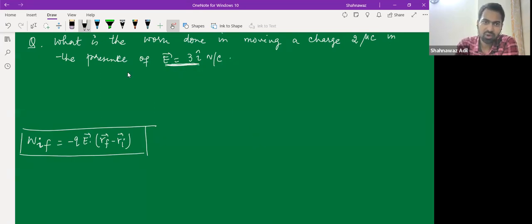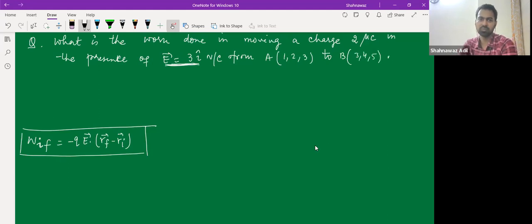So now we want to calculate the work done in moving a charge of 2 microcoulomb in the presence of this electric field from point A, which is (1, 2, 3), to point B, which is (3, 4, 5). So you guys tell me, we want to calculate WAB, right?